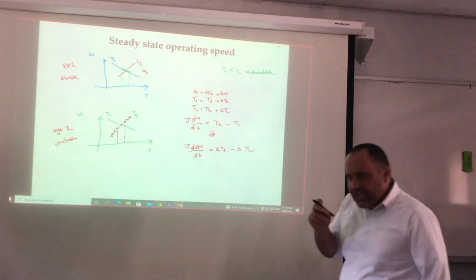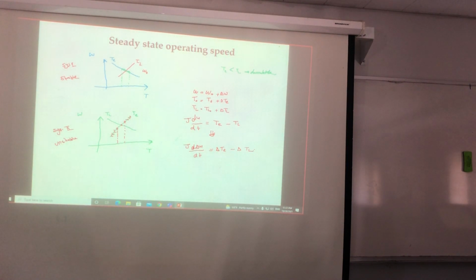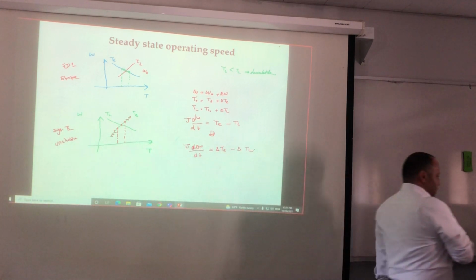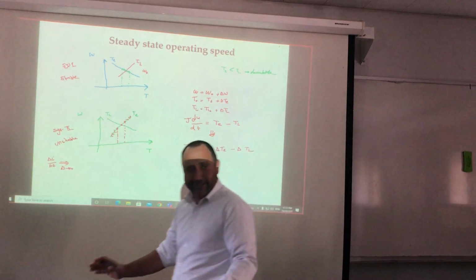If delta is very, very small, then delta over delta t, as delta approaches 0, is actually d by dt.